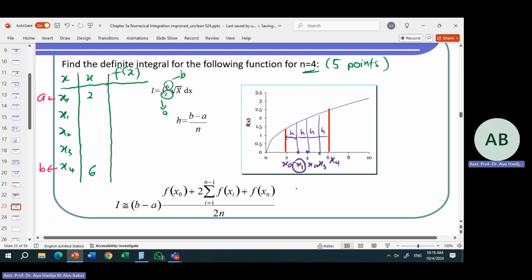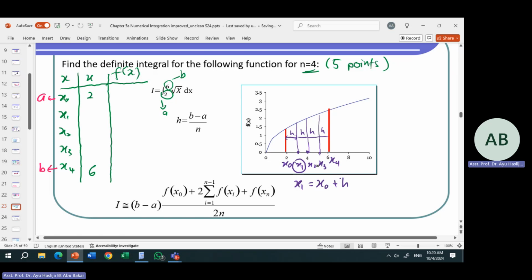Okay, to get x1, x naught plus h, correct? To get x1, x naught plus h. X naught is the previous value plus the distance, then only you get the next value, next point.